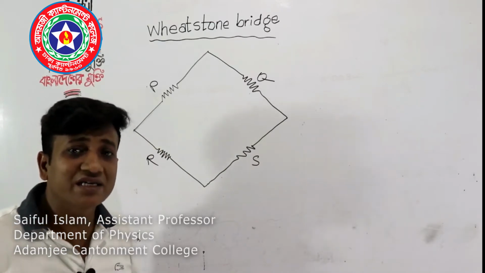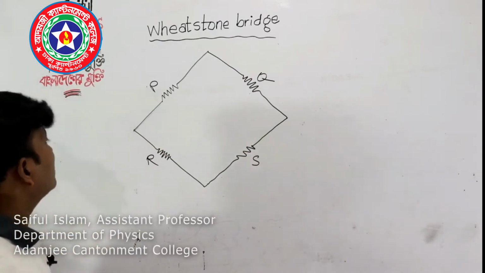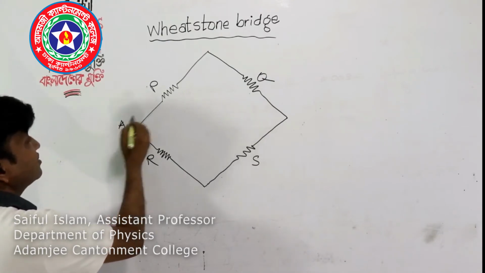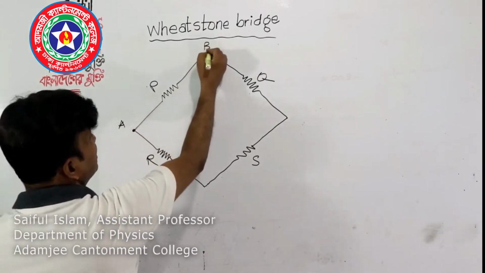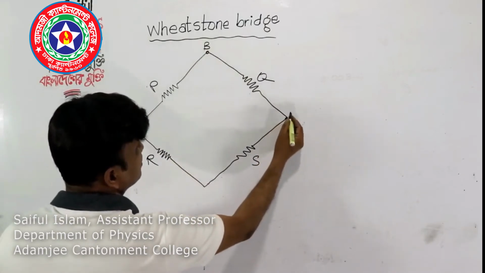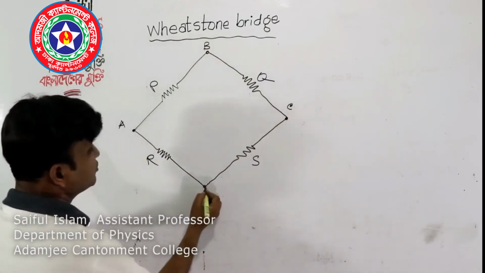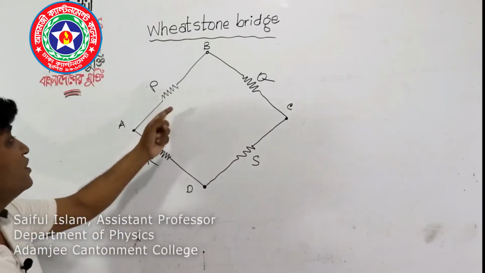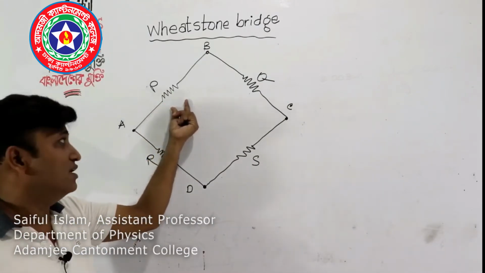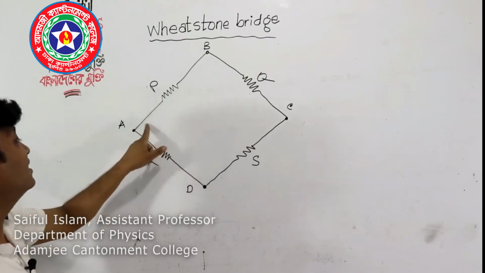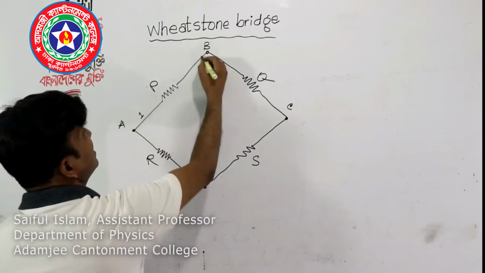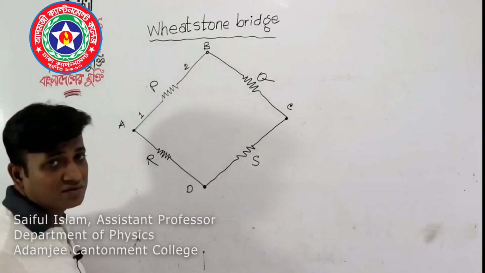How are they in series? Consider this point is A, this point is B, this point is C, and this point is D. If we consider the resistance P, then this leg will be the first leg and this leg the second leg.